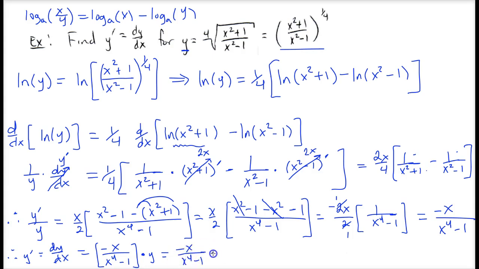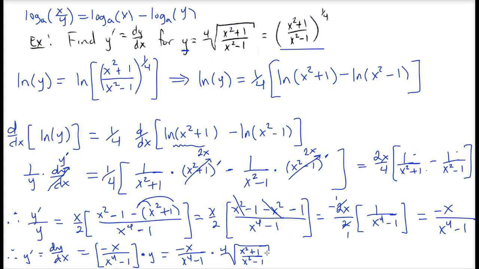To do that, that will just be the 4th root of x squared plus 1 divided by x squared minus 1. Okay.